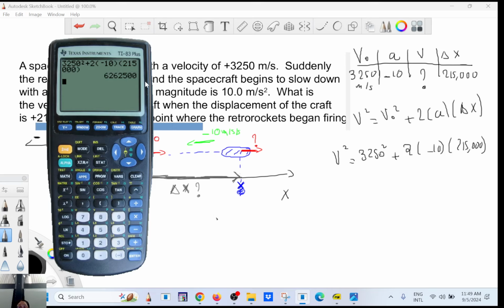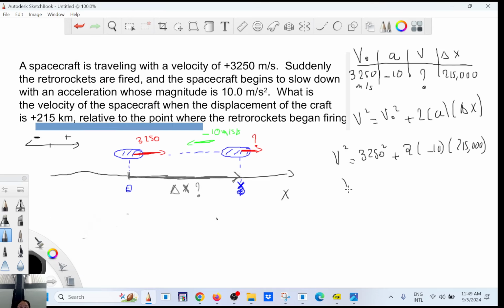Boom. That's a big number. Then you take the square root. And you have this thing. Do you agree? So V equals plus or minus 2,502.